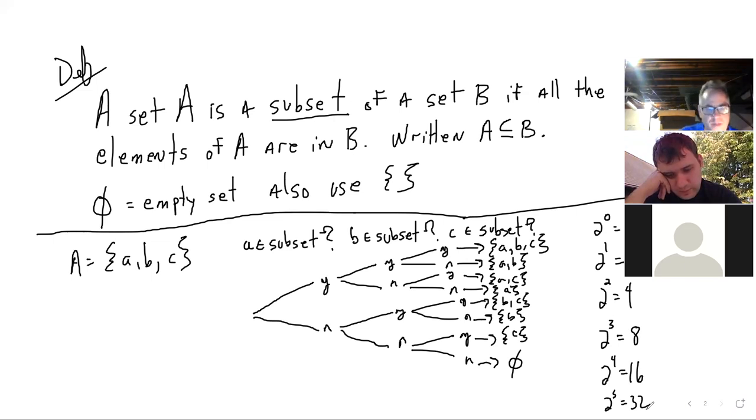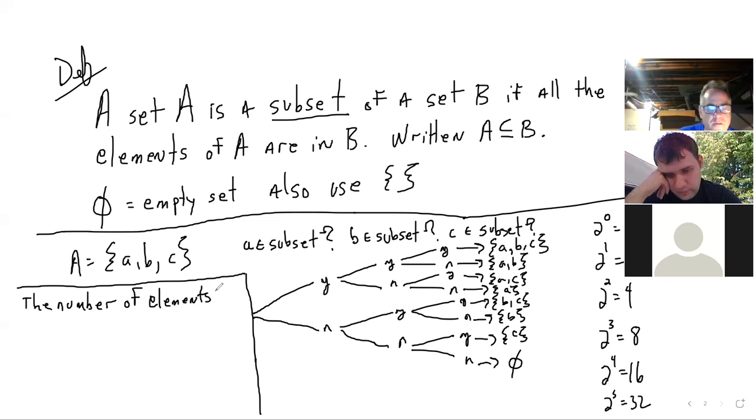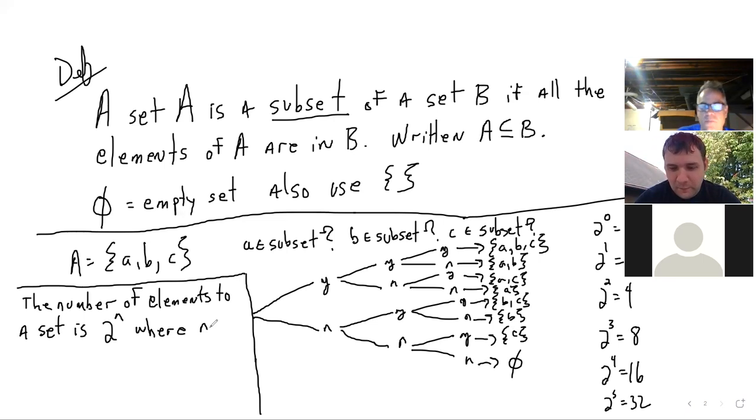So we could say, based on our observation, that the number of subsets to a set is 2 to the power of n, where n is the number of elements in the set.